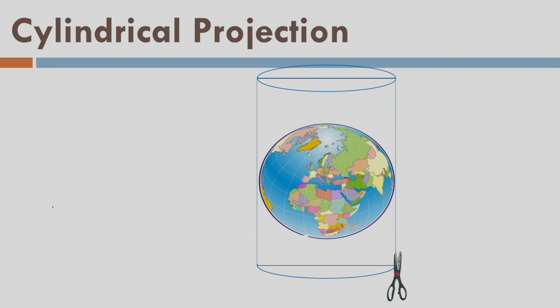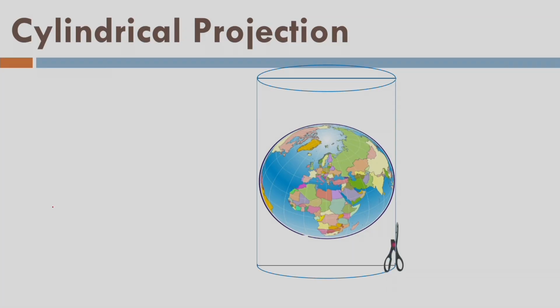I place an ellipsoid into a cylinder which is so big, covering the whole earth or whole ellipsoid. So those points which are lying on the ellipsoid I project exactly onto the surface of the cylinder, and now I cut the cylinder and I unfold it. Okay, you can imagine there is a wrapper like a paper which is of cylinder shape, and now you are projecting your ellipsoid onto that paper and then you unfold it again.